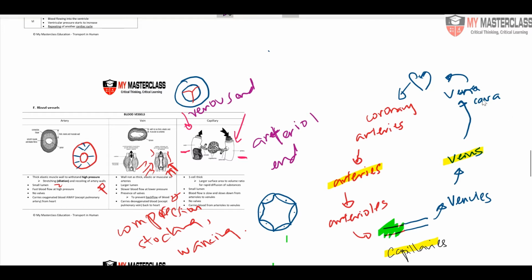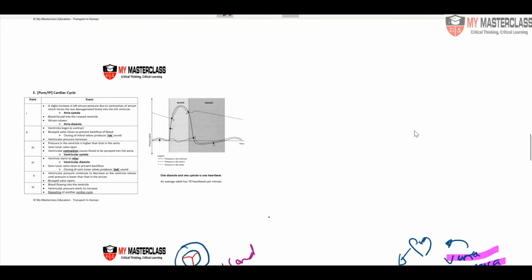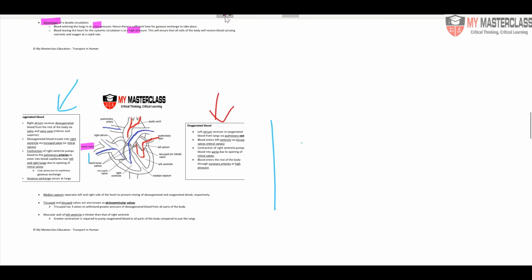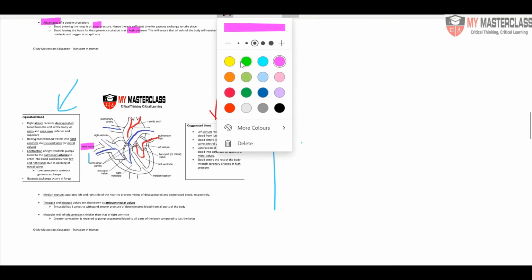So the deoxygenated blood through the veins will re-enter back into the Vena Cava, which is what you see here. From the Vena Cava, it will then enter into the top part of the chamber.